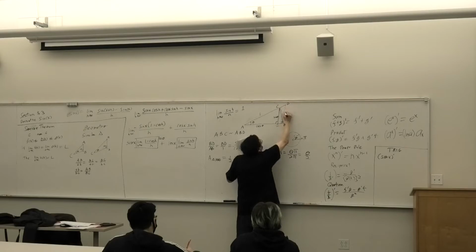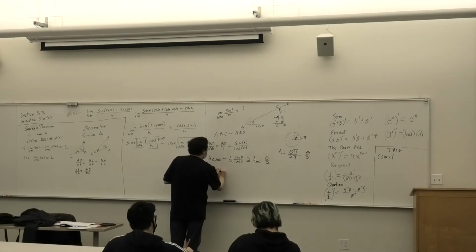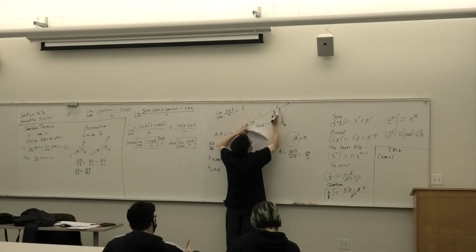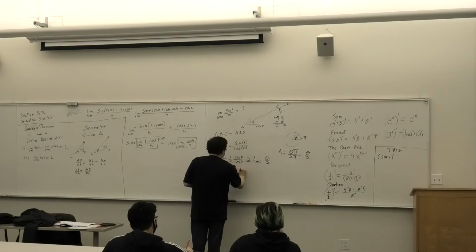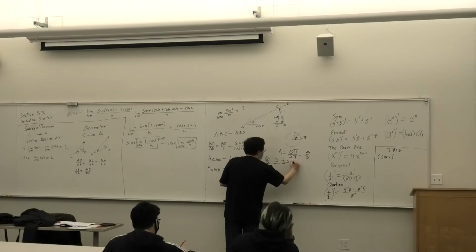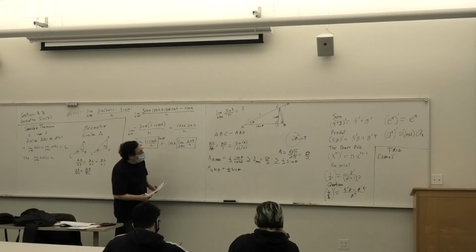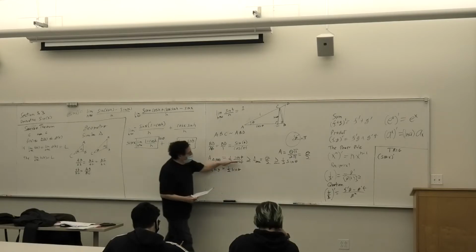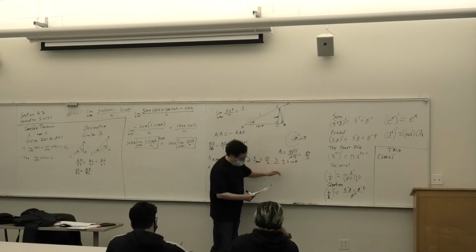So again, we have the big triangle, we have the sector, and we have this triangle ACB. The area of triangle ACB: well, this is 1, its height is sine theta, so its area is 1/2 sine theta. And that, again, is going to be less than this guy. All right, so we have 3 areas, and we know that this is the greater, this is in the middle, and this is less than.